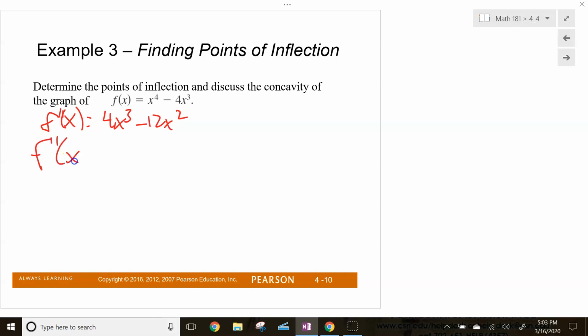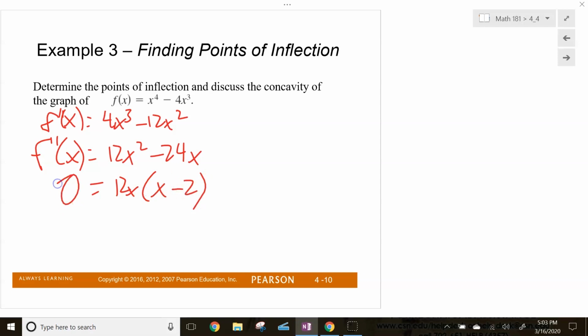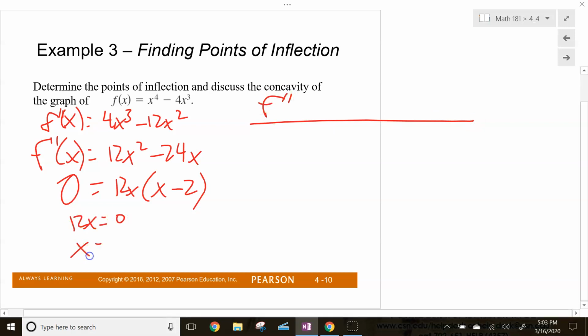Let's take the second derivative, 12x squared minus 24x. Let's take a 12x out, and we've got x minus 2. So for our second derivative, we're going to have 0 and 2.